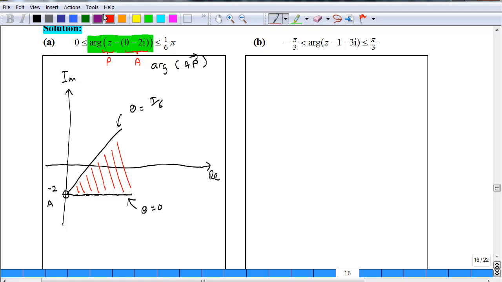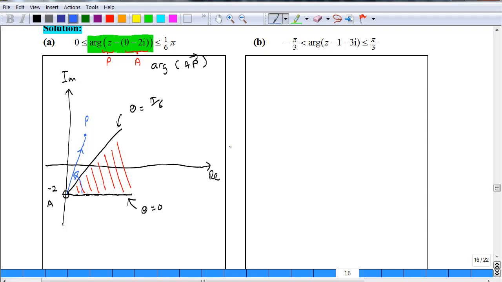So is this true or not? Let us pick a point. Let's say I pick a point P here, and I know that point A is there, so let's connect the two. Now the angle that the vector AP makes with the horizontal is this angle.